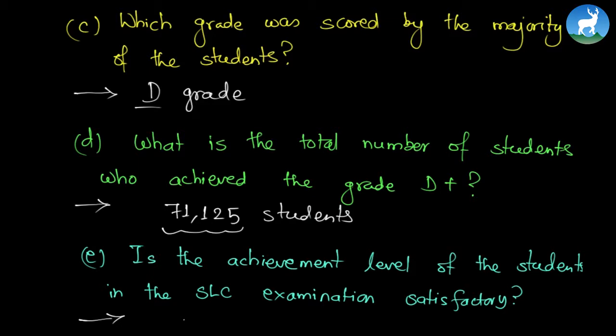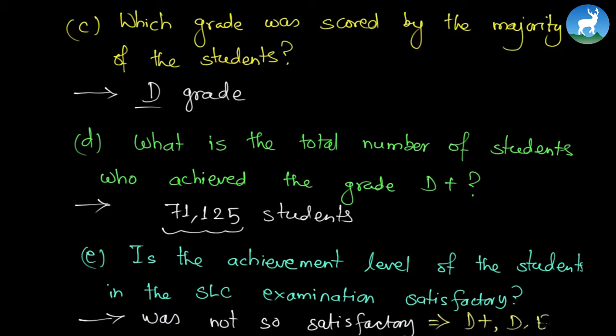So we can say that the total achievement level of the students in the SLC examination was not satisfactory, or even we can say that it was okay, but not good. So it was not so satisfactory because the majority of the students got, what did they get? So they got D+ or D or even E. So this is not satisfactory.